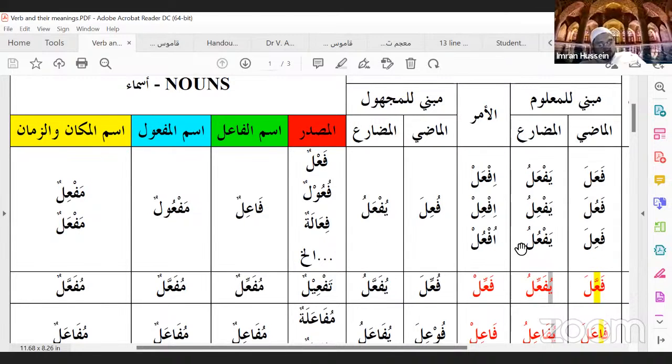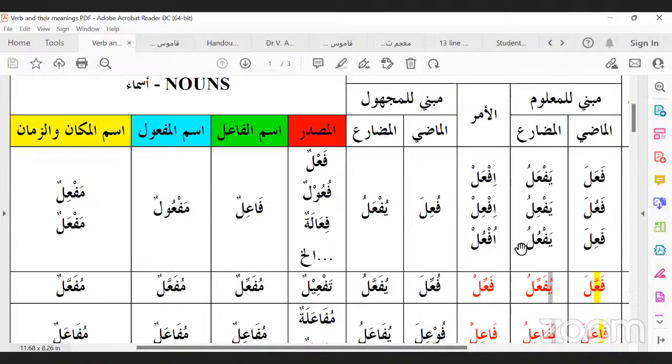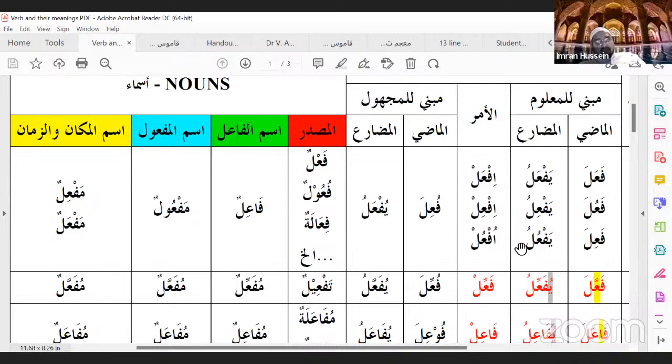I'll give you an example now. The verb tabakha. Tabakha means he cooked. Yatbakhu. I'll write this down so that it's clear for everyone. Almost how we form those amrs, you have to go to the present tense. Yes, present tense second person, but this is present tense third person, makes no difference.